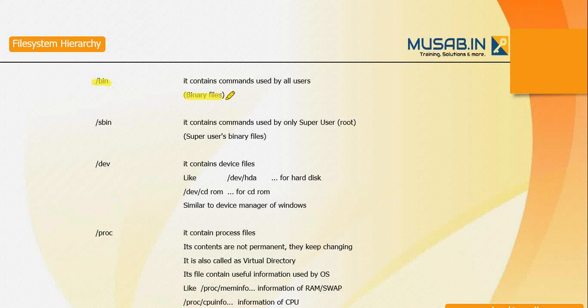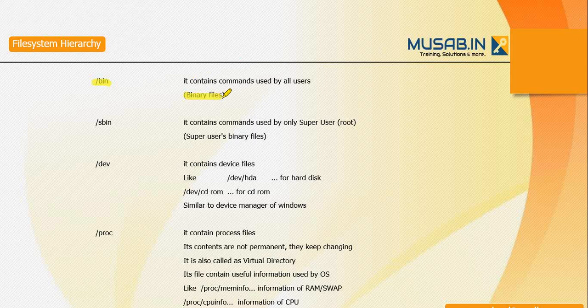These are limited privilege commands, for example, listing the contents of a file, listing the contents of a directory, checking which directory you are in, changing the directory, checking the date, calendar, and so on. All the normal commands will be available in bin.